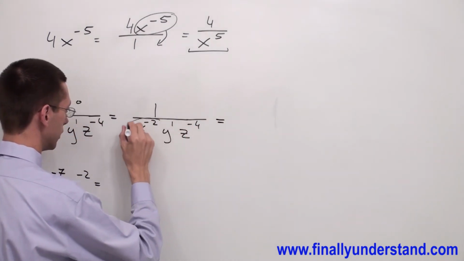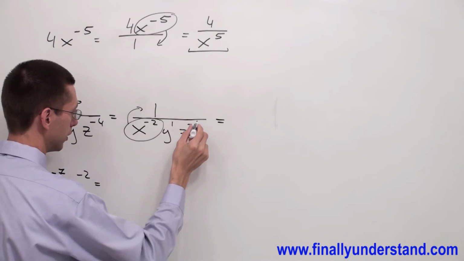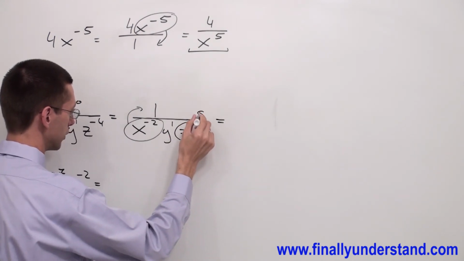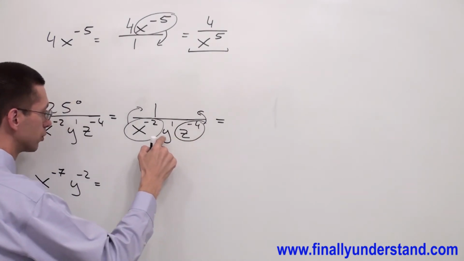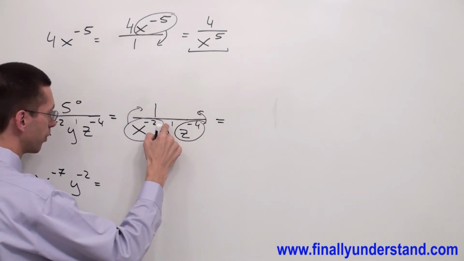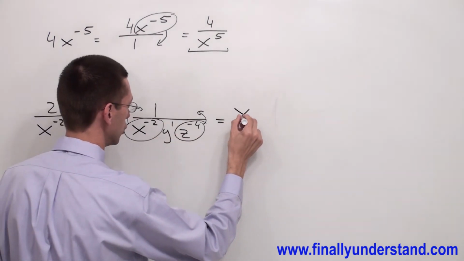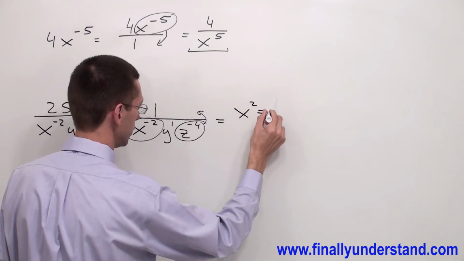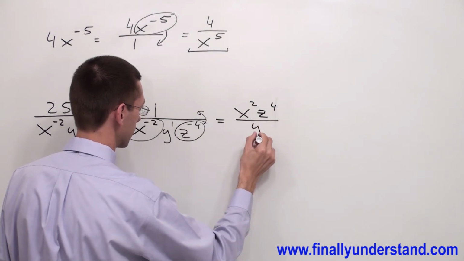Okay, I'm going to take this one and bring this up, and I'm going to have also z to negative 4 in the numerator because I want to convert that negative sign to positive. I don't touch y because y has positive exponent already, okay? So I'm going to have x to the 2nd power, and I have z to the 4th power over y.